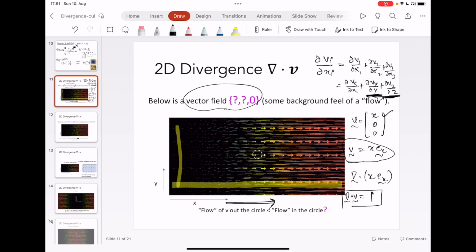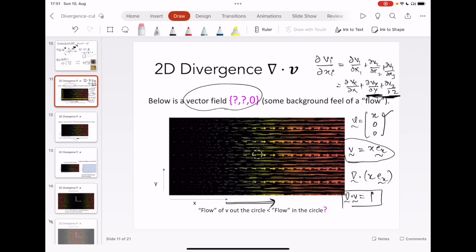Meaning what? So you may be wondering, what is now divergence of v? If it was -1, what it would be? If it was 0, what it would be? So an easy way to visualize the divergence is to map a circle, as you can see here in the white line, and observe the amount of flow coming in versus the amount of flow going out.